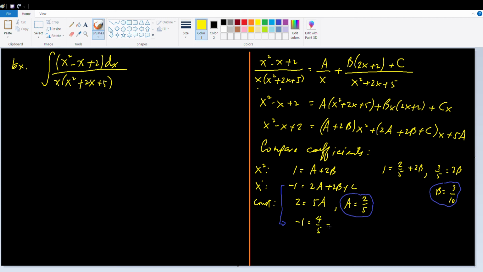Plus 2b. 2 times 3 over 10. That will be 3 pi. Plus c. So 4 pi and 3 pi is 7 pi. Negative 1 minus 7 pi equal to c. That will be negative 12 over 5. So c is negative 12 over 5.